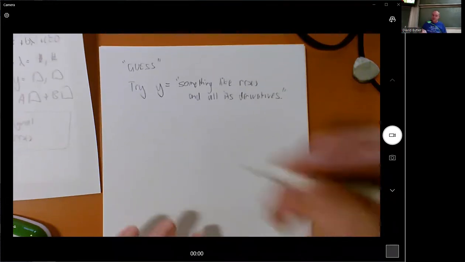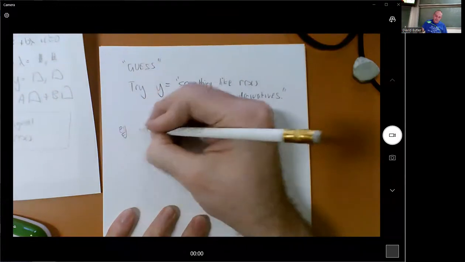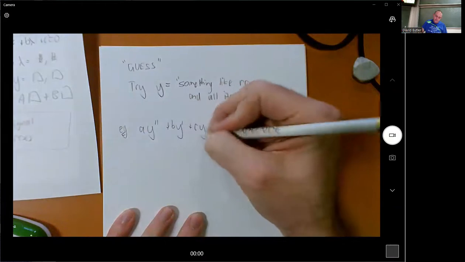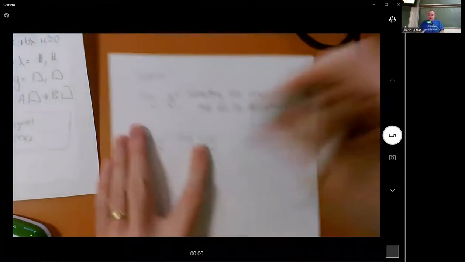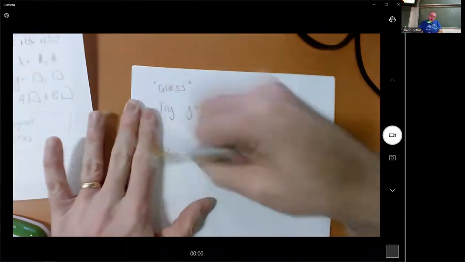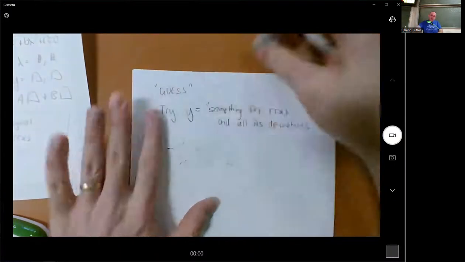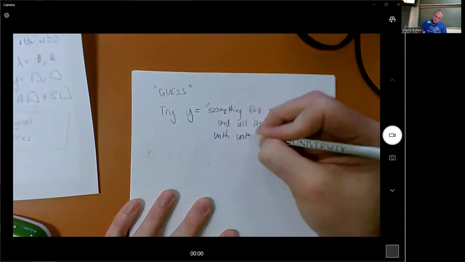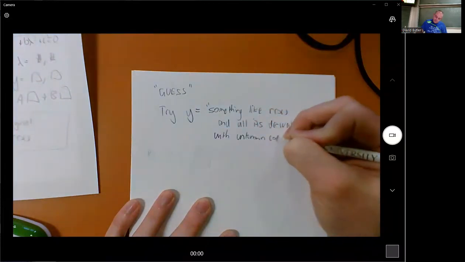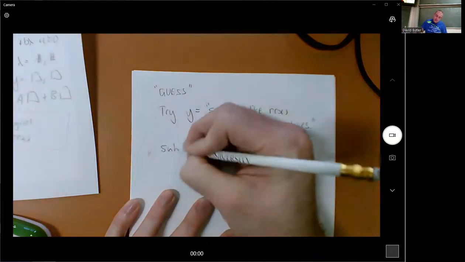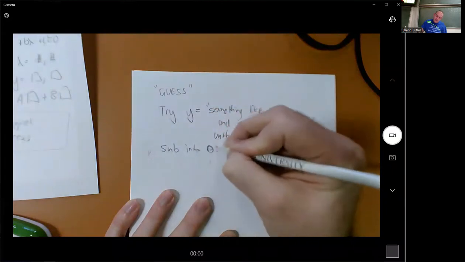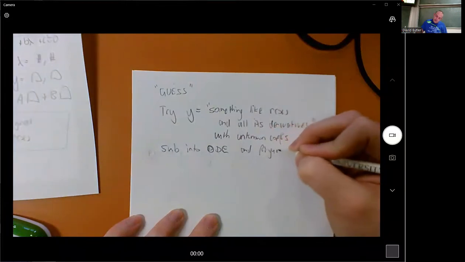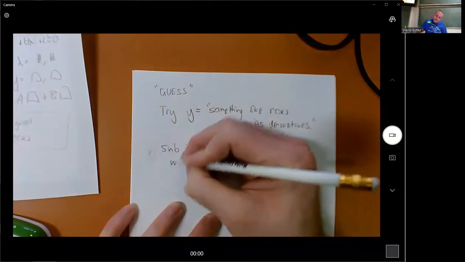So let's just think about this for a second. You'll try that with unknown coefficients, right? And then you'll sub into the ODE and figure out what the coefficients have to be.